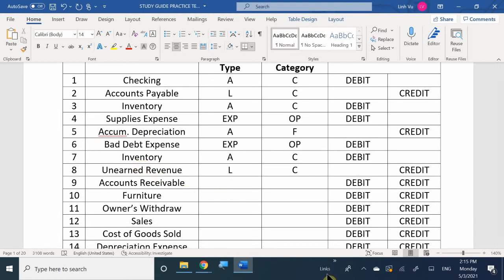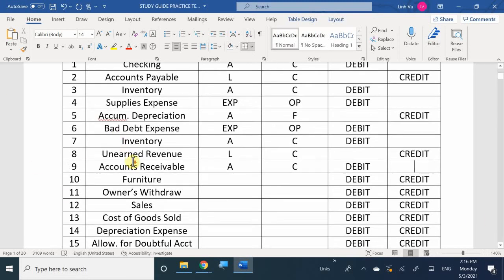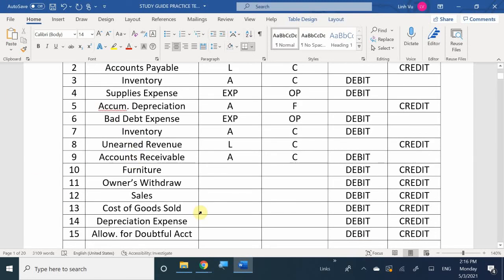What kind of account? Asset. What kind of asset? Current. Good. And would it give me a debit or a credit balance? Debit. Accounts receivable is another sense of IOUs that your customer pays you. So in this case, they owe you money.